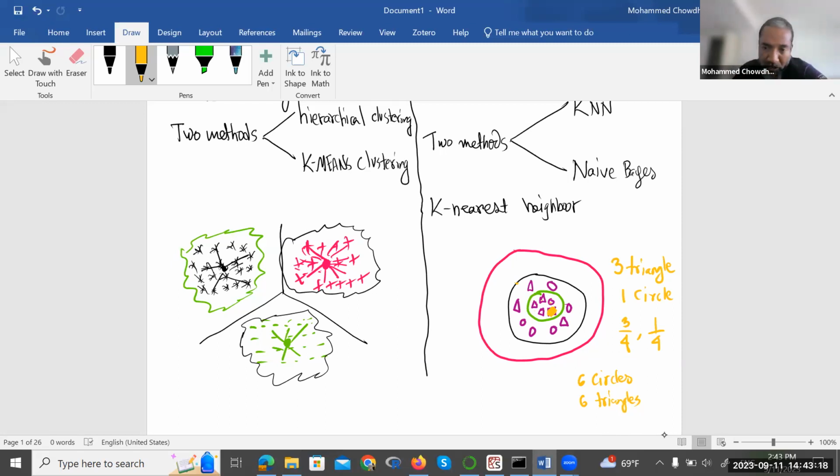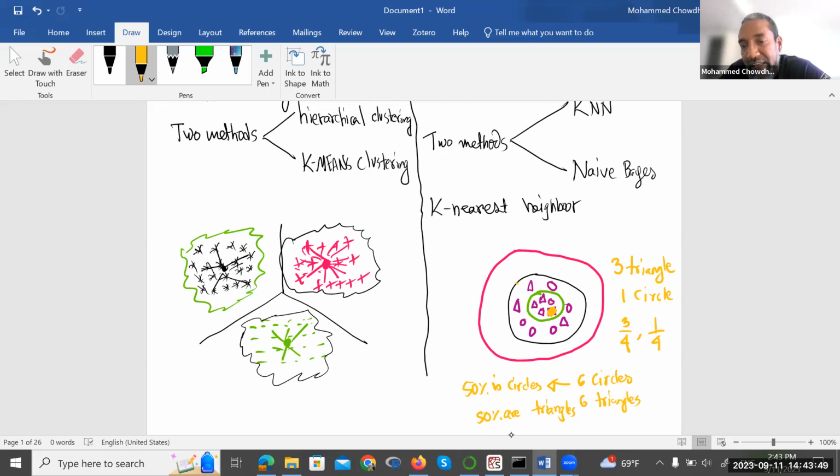So now 50% is circles, and 50% are triangles.